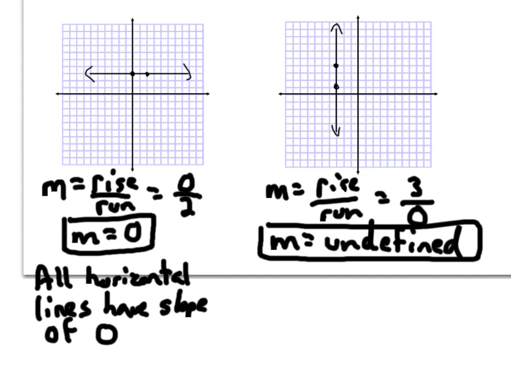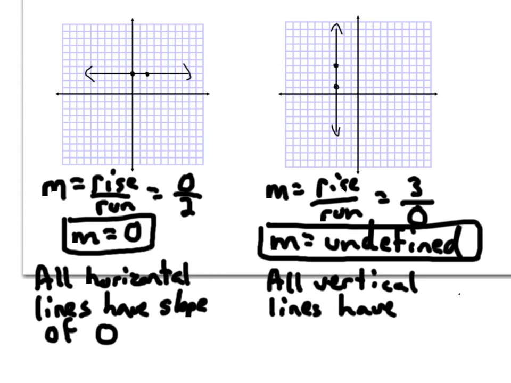And then this line over here is vertical. And all vertical lines, which means straight up and down, have a slope of undefined.